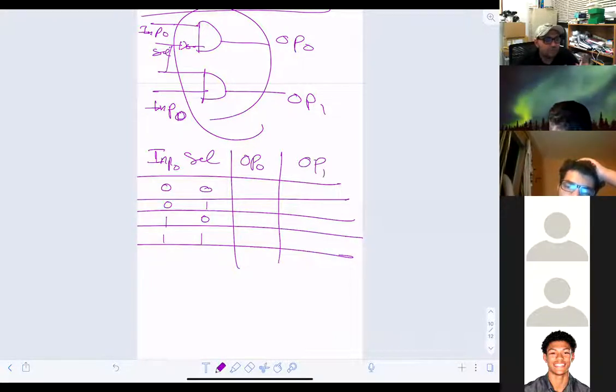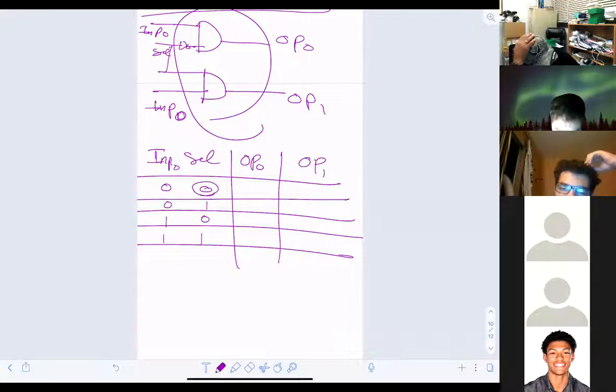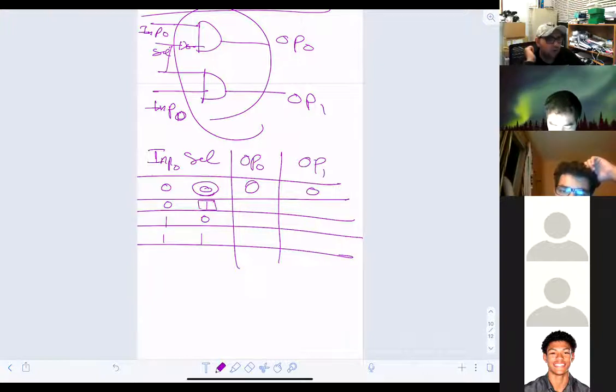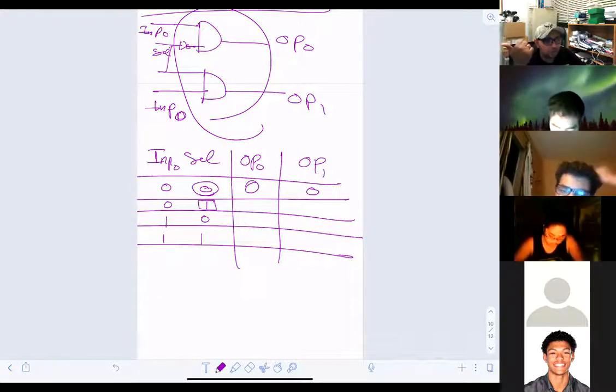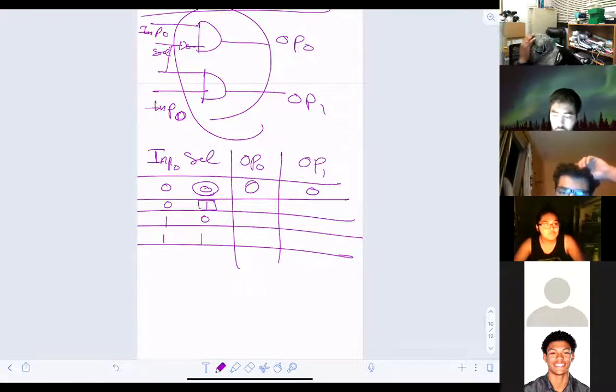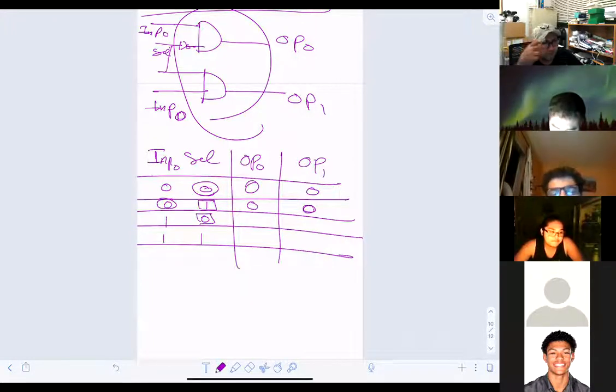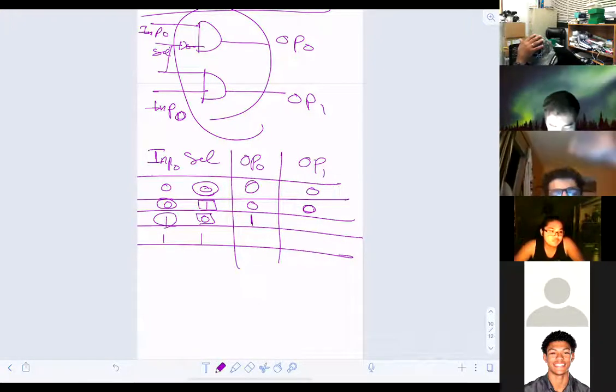Right? We said if select equals 0, what will happen? The output will be the input, right? So basically, if select is equal to 0, the input will be output 0, so it's going to be 0 here. But that other output will be 0. If select is equal to 1, then whatever the input is will go to the other output, and output 0 is still 0. If select is equal to 0, the input in this case is 1, and that output is 0.